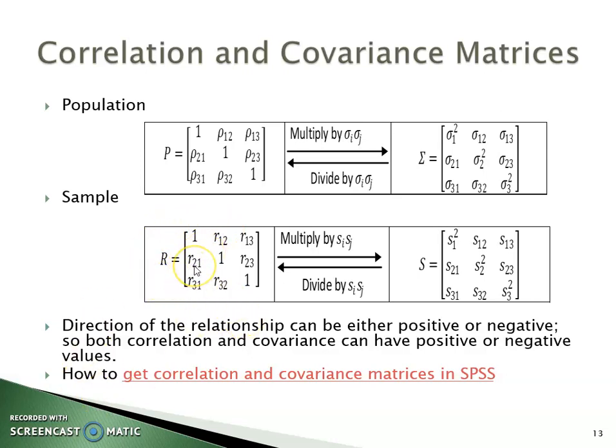So here is the correlation between x1 and x2. Here is the correlation between x1 and x2 as well. So when we write a matrix, we only include the values that are on the diagonal line and those below it.